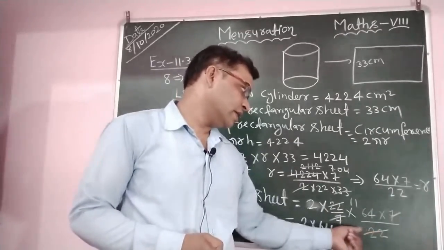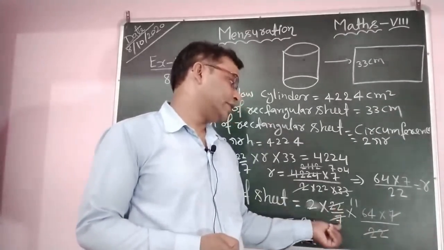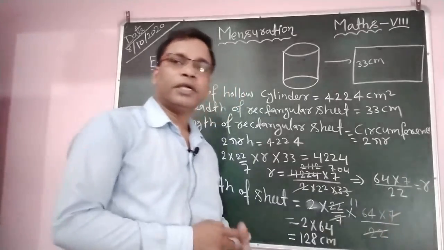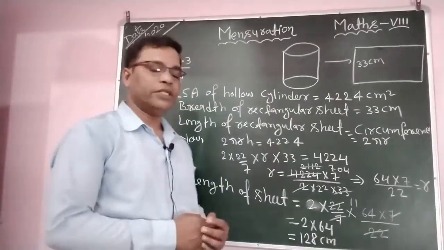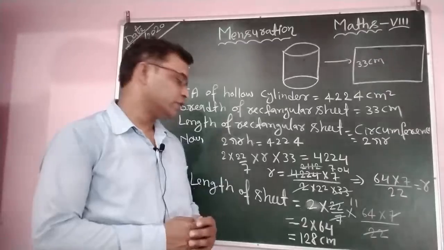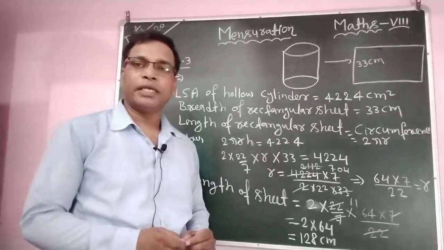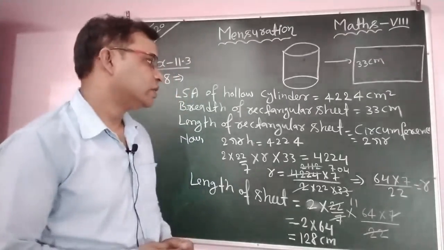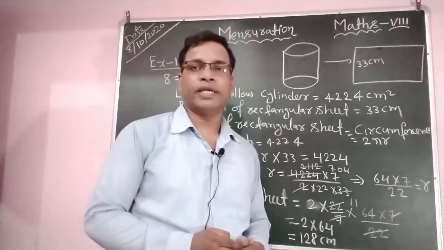Here you can see 22 by 22 and 7 by 7. Then you obtain 2 into 64, or you can say this is equal to 128 centimeter. This is the length.